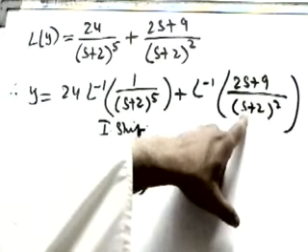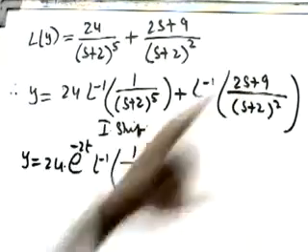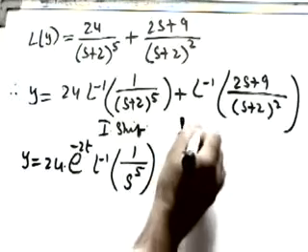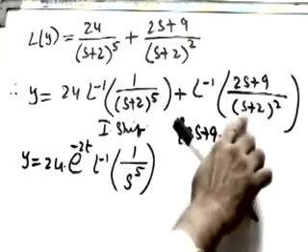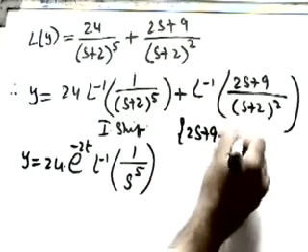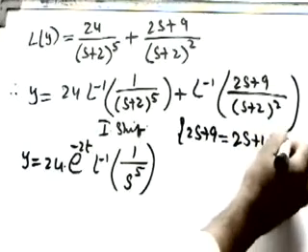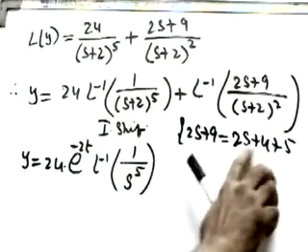When we want to use first shifting, we must have the same s plus 2 here, which means here also we must have s plus a. So let us change this 2s plus 9 to get s plus 2. You write it like this, 2s plus 4 plus 5. Why?